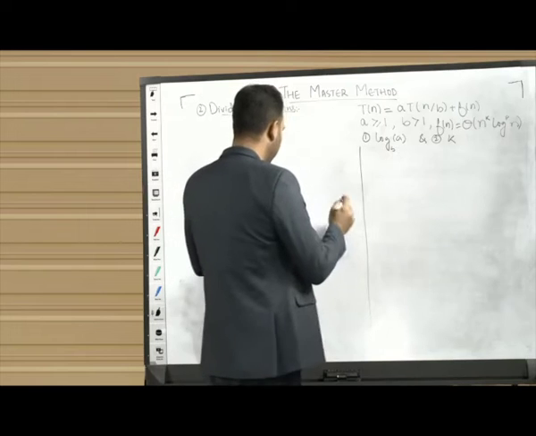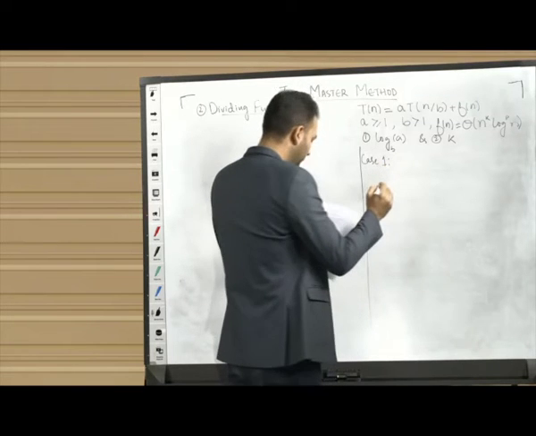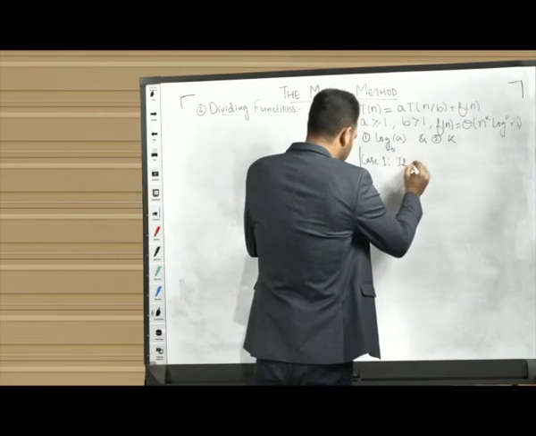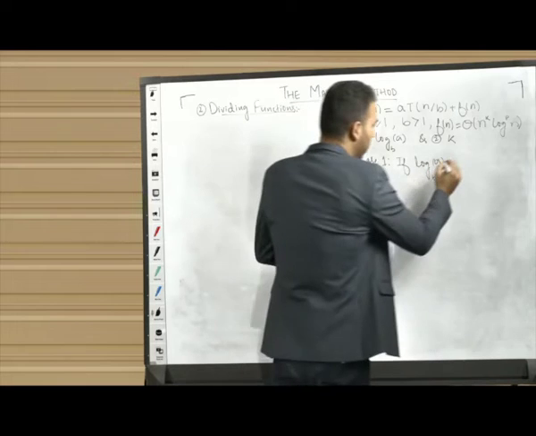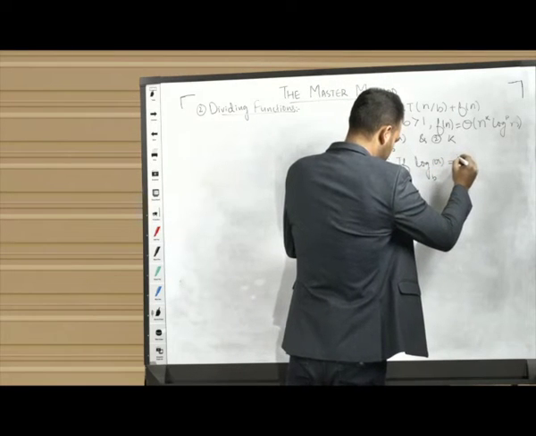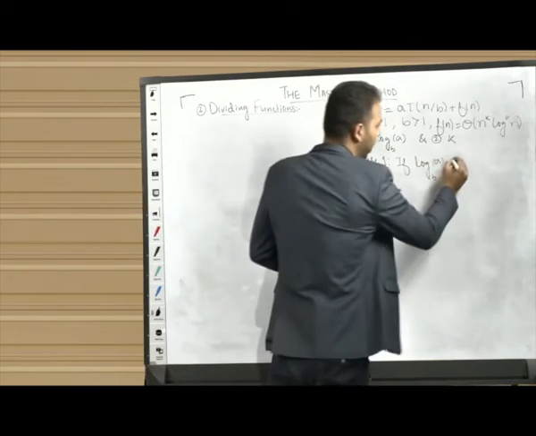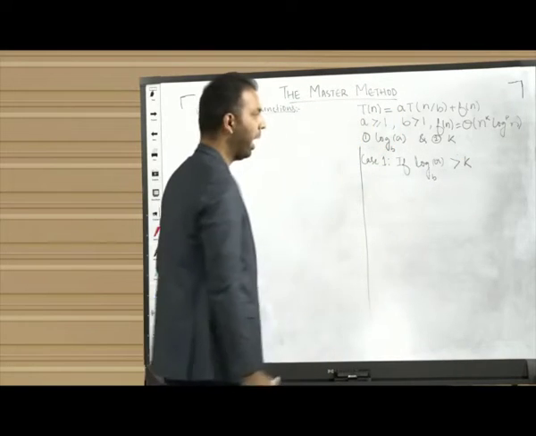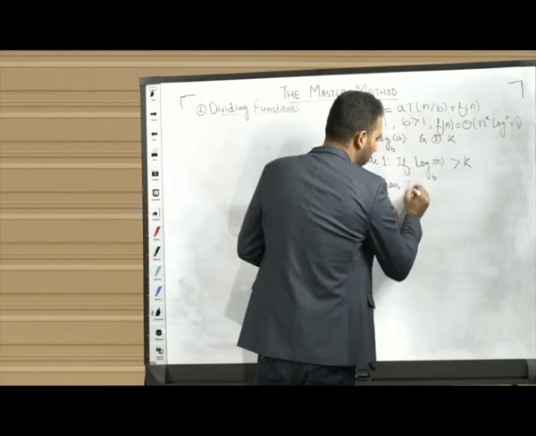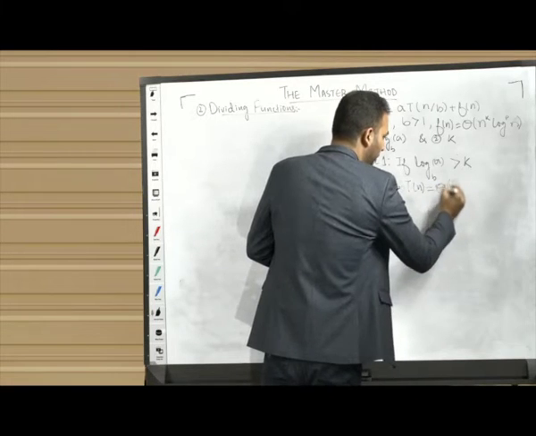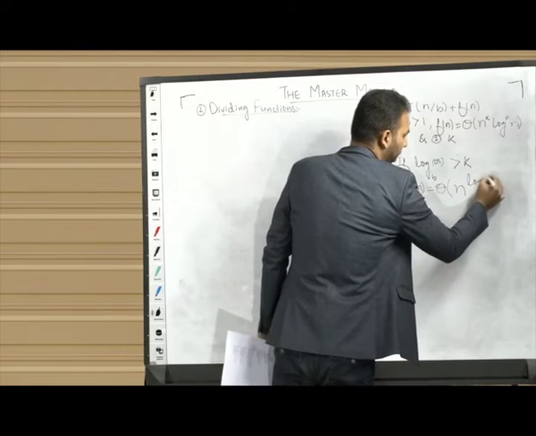So we have case 1. If log a to the base b is greater than k, then T of n is theta n raised to power log a to the base b.